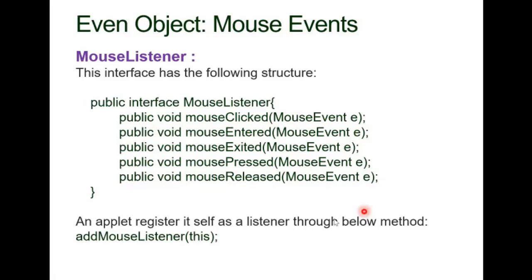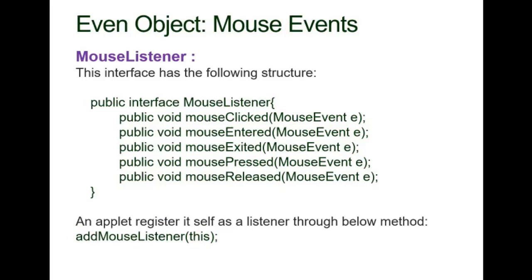So an applet registers itself as a listener through the below method. What is the below method? addMouseListener, and we need to use the this pointer. That means an applet can register through this command.